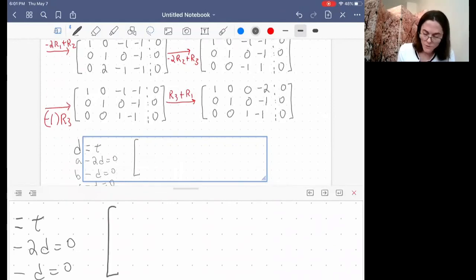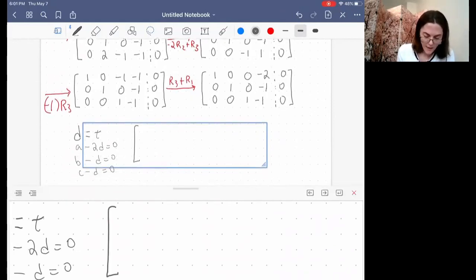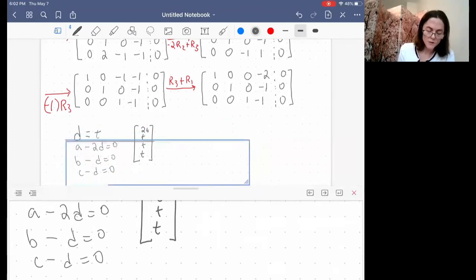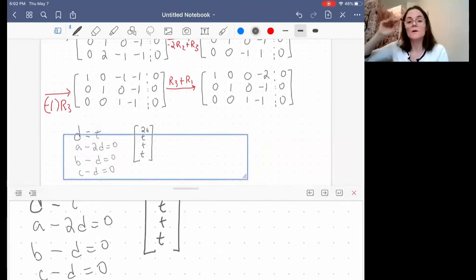A general solution would be, we have T. Oh, well, we see C is T, B is T, and A is 2T, like this. This would be a general solution if you just add, right, each equation to the other side and substitute T for D.